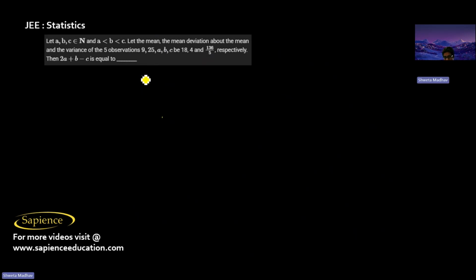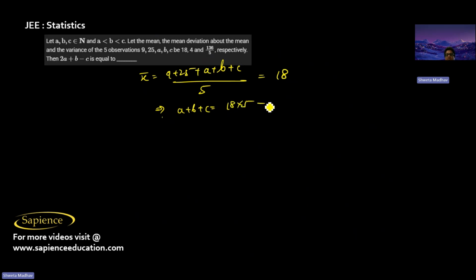Now the mean value is equal to 9 plus 25 plus A plus B plus C divided by 5, since there are 5 observations, and that is 18. Therefore A plus B plus C will be equal to 18 into 5 minus 25 plus 9, that is 34.